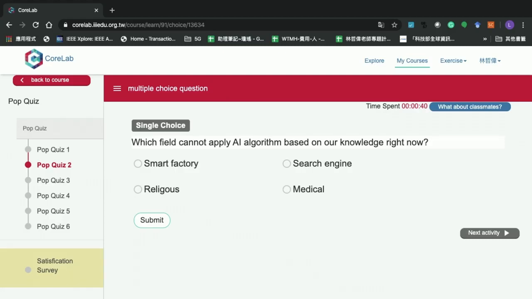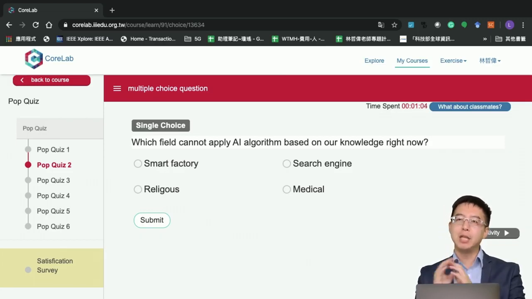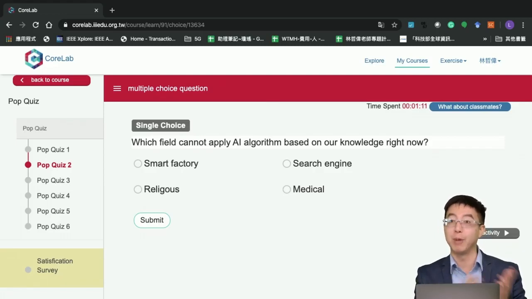Sorry, let me repeat it. Our quiz number 2: what field cannot apply AI algorithms based on our knowledge so far? I wrote this question, so please focus on which field cannot apply AI algorithms based on our knowledge right now. That means it may be possible to utilize AI there in the future, but not right now.